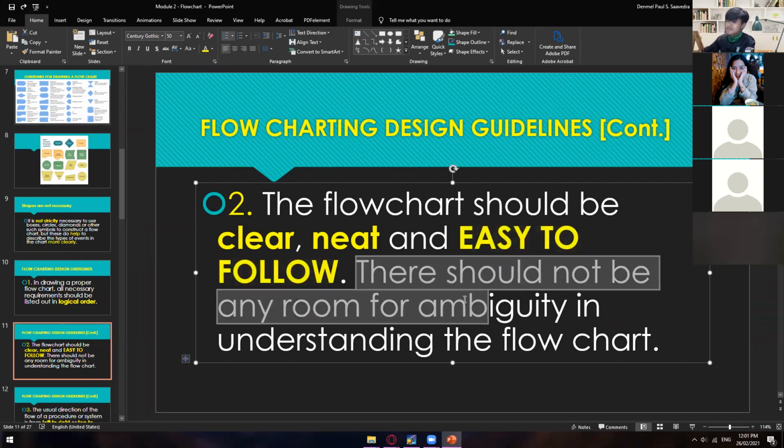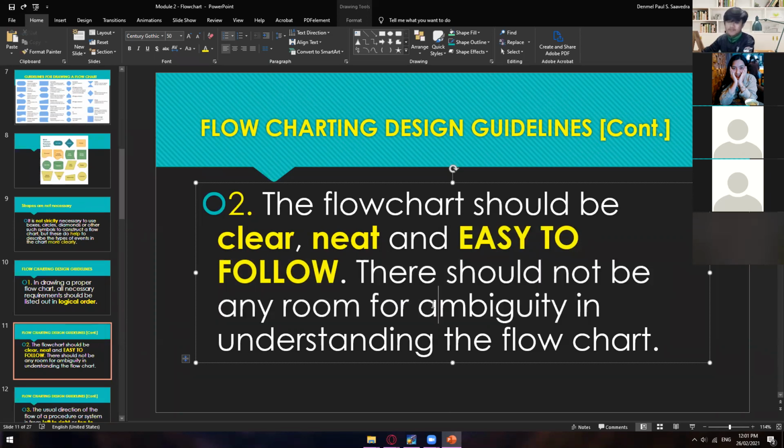So there should not be any room for ambiguity in understanding the flowchart. Make it as simple, as neat, and as concise as possible. In other words, it should be perfect, right?